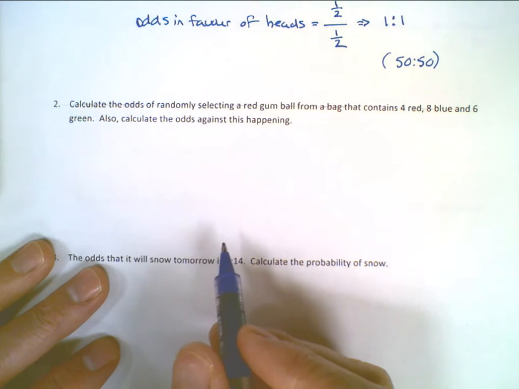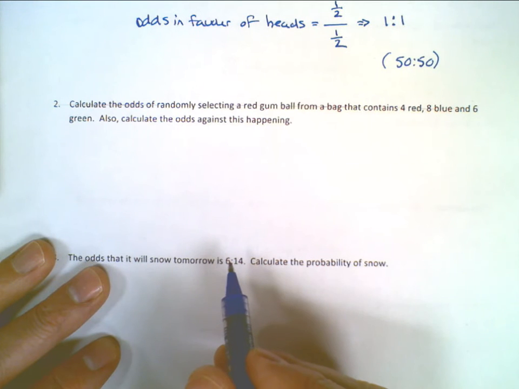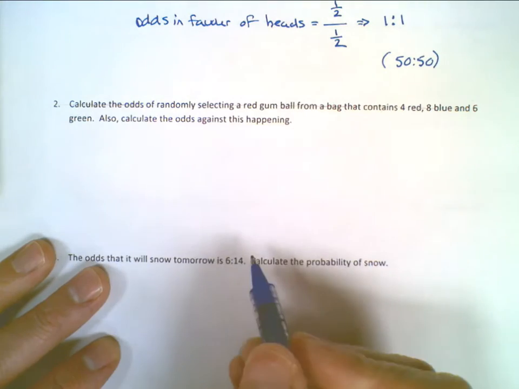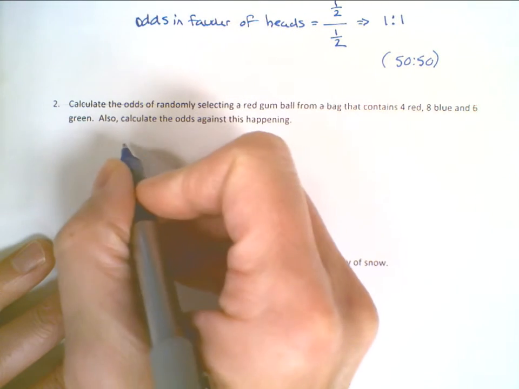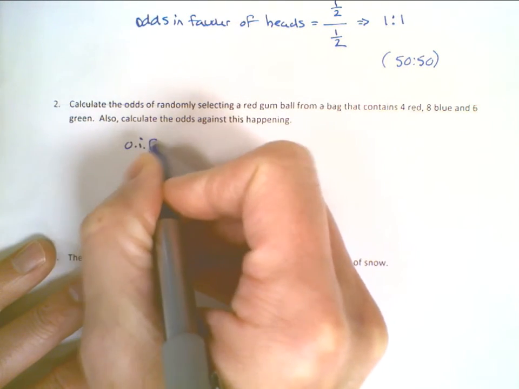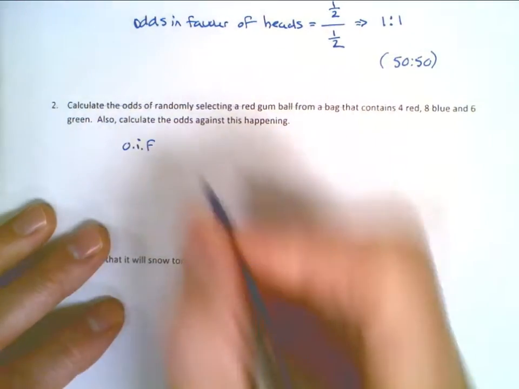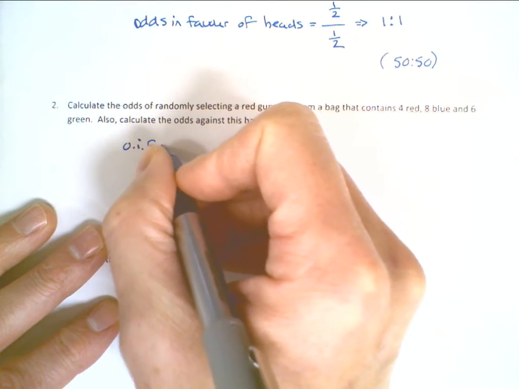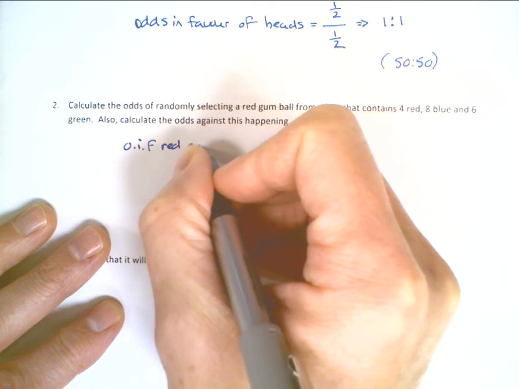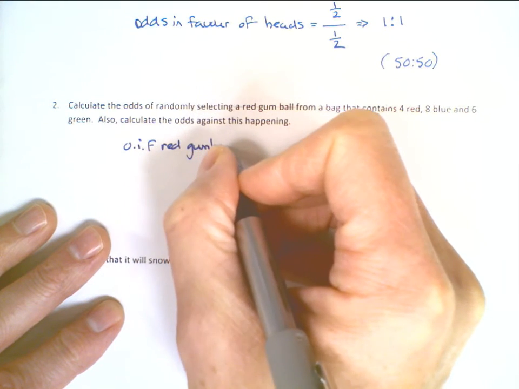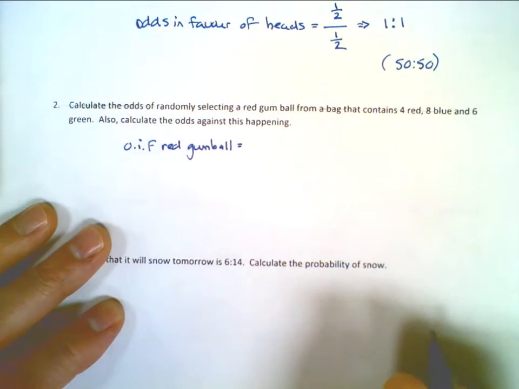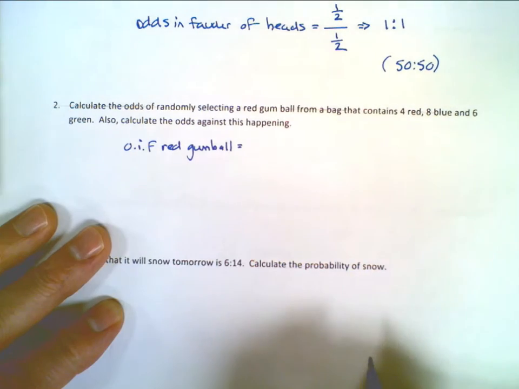Calculate the odds of randomly selecting a red gumball from a bag that contains 4 red, 8 blue, and 6 green. Also calculate the odds against this happening. So the odds in favor of a red gumball equals, well, the probability that you would select a red gumball.